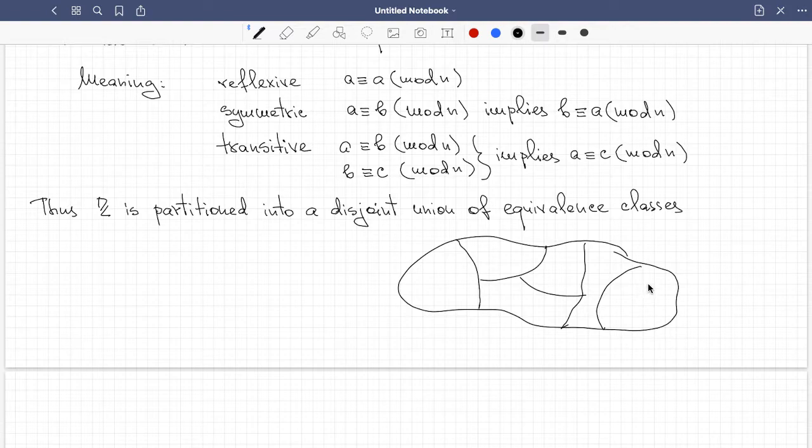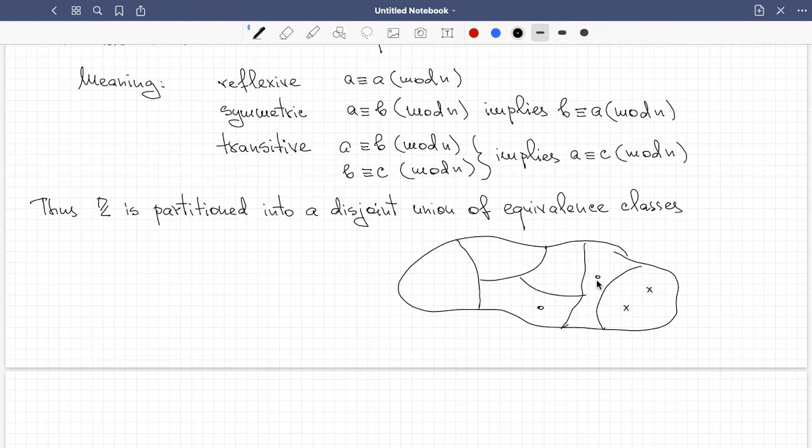Every two elements in the same class are in relation. Two elements in different classes are never in relation.